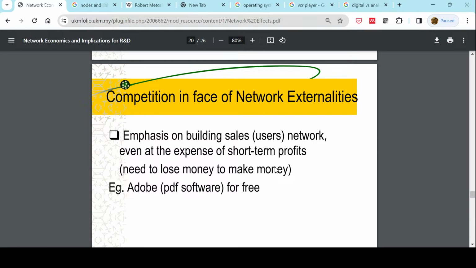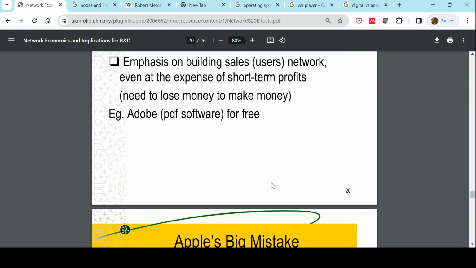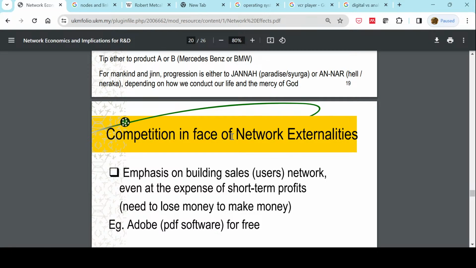So Adobe PDF at that time, yes, Adobe PDF, give it for free. But now the advanced PDF, the free one is not. It's just enough. You need to pay if you want to use more advanced functions. So what was it? That competition in face of network externalities. Why? You want to build your network of users.